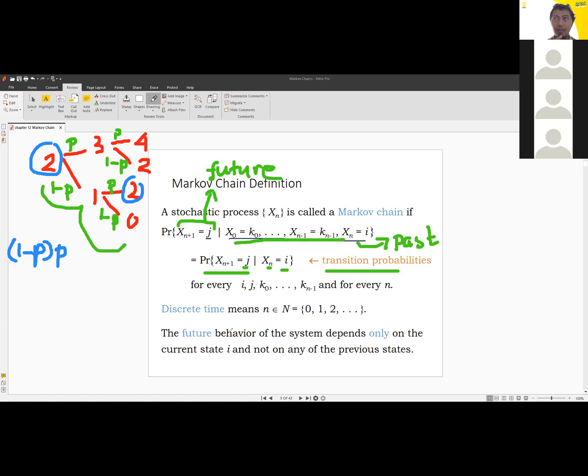And the characteristic of a Markov chain, you can read here: the future behavior of the system depends only on the current state and not on the previous state. So the next condition depends only on the current state.